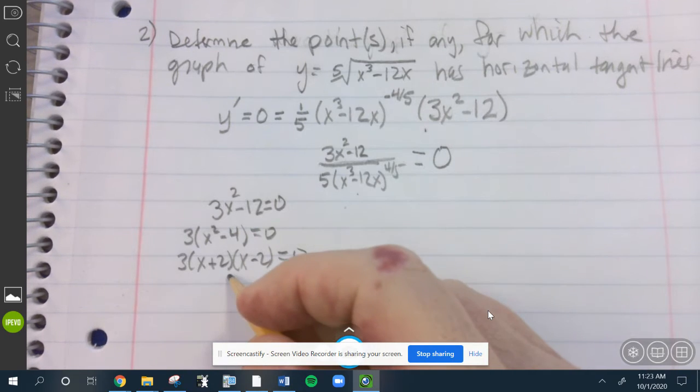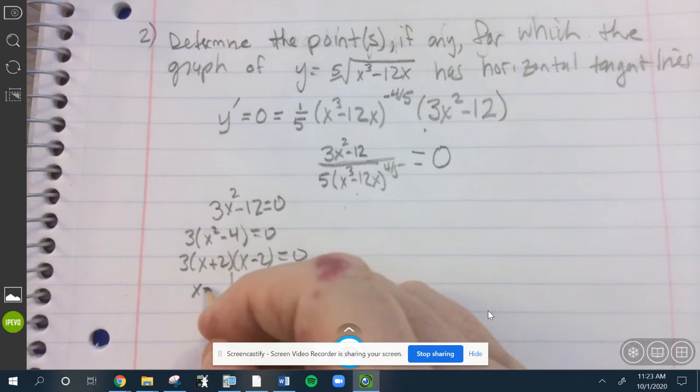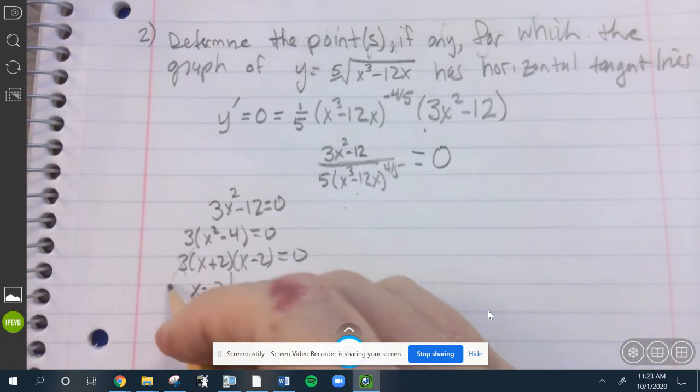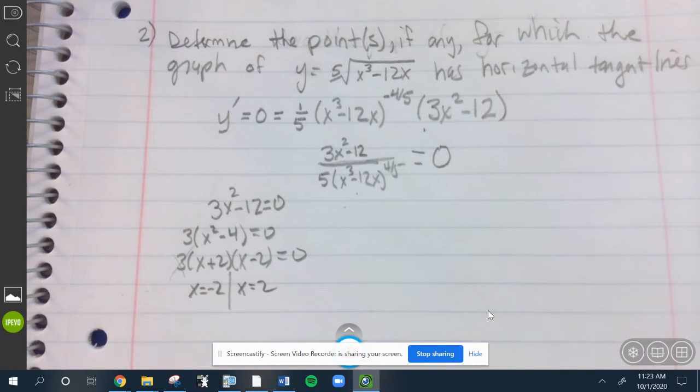The factors that make this zero are x equals negative 2 and x equals 2. The 3 doesn't equal 0, so you never had to worry about it. So those are the x coordinates of the points at which this graph has horizontal tangent lines.